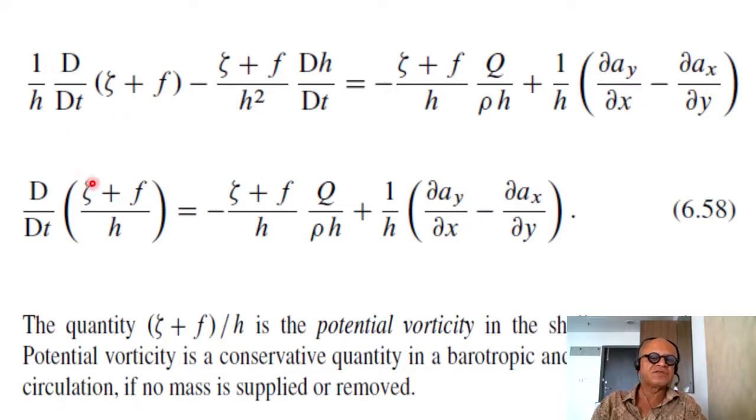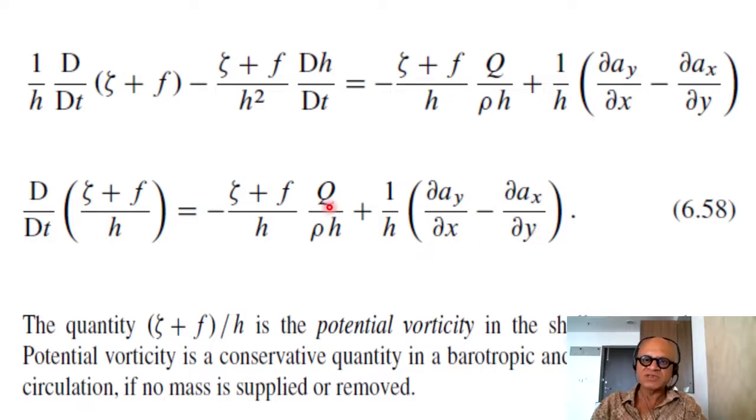So we can write this, assuming again there is no q, as d/dt of (zeta plus f) over h equal to minus (zeta plus f) over h times q over rho h plus 1 over h times (dy/dx minus dx/dy).